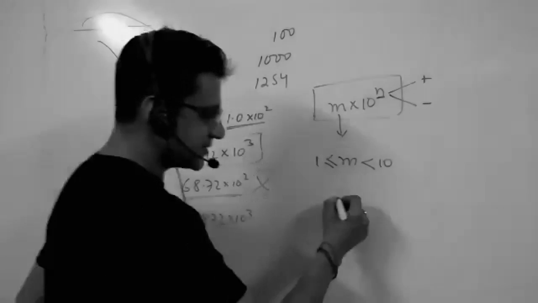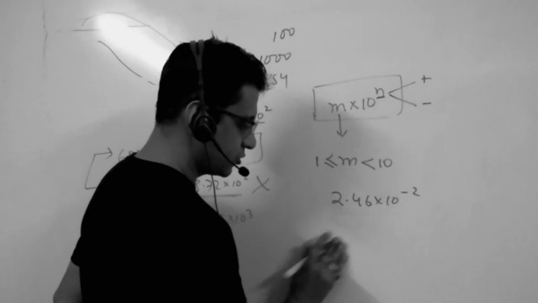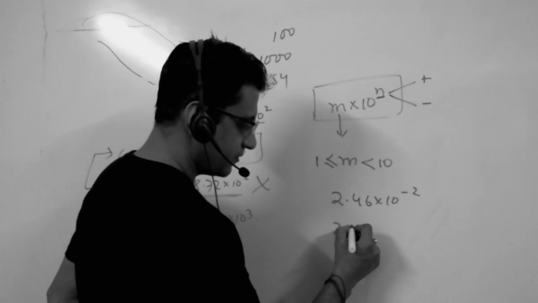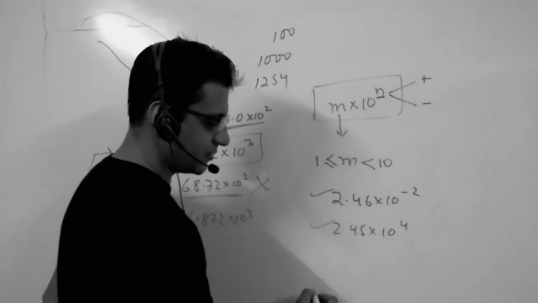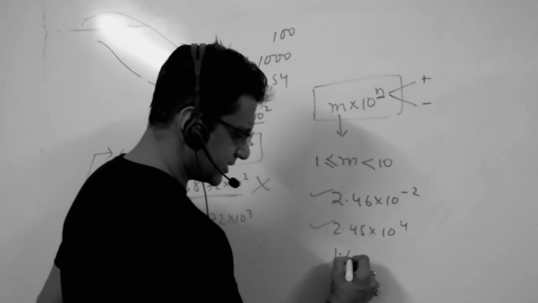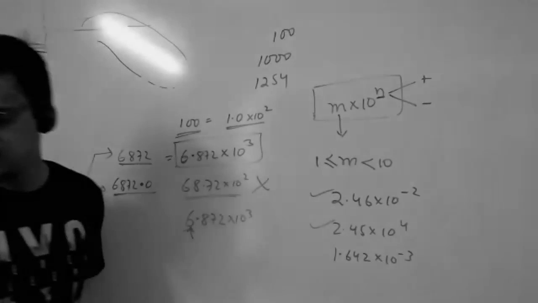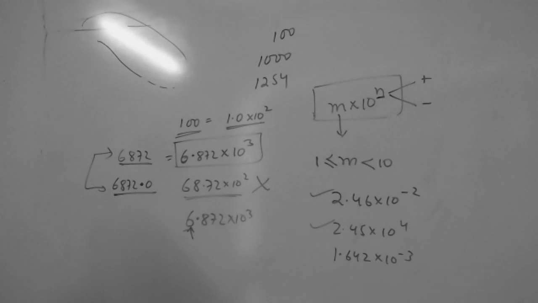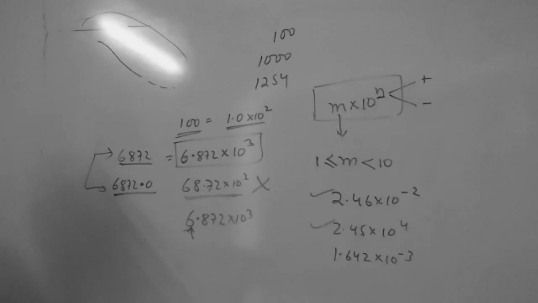For example, 2.46 into 10 to the power minus 2, or 2.45 into 10 to the power 4, these are all standard ways. You can also write 1.642 into 10 to the power minus 3. This is the standard way of writing a number. Now, how do you convert any number into standard form, or from standard form to usual form?